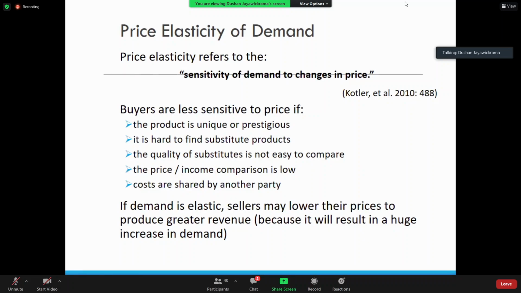Our price sensitivity can be very high in certain situations. For example, if the product is unique or prestigious, you're not that price sensitive. The more expensive it is, the higher the demand you can expect. Or සමහර වෙලාවට torch එක ගත්තාම battery එක නැතුව වැඩ කරන්නේ නැහැ. If you buy a torch, you'll have to buy the battery for it to work.